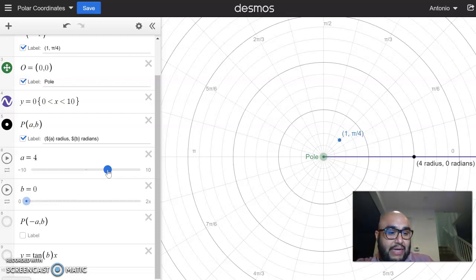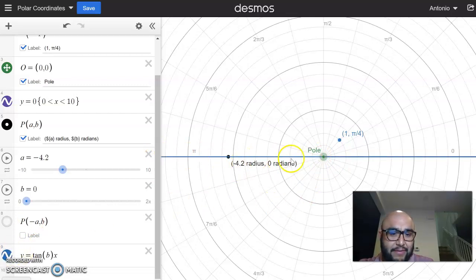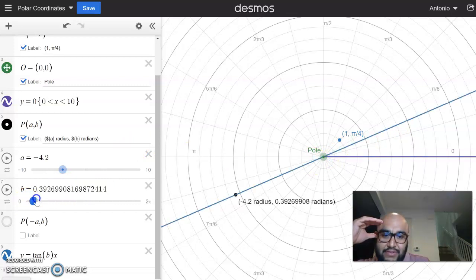One thing we're allowed to do here is use a negative radius. Think of this as a line that extends out in both directions. The angle is still 0, but if it's a negative radius, it reflects the point across the origin.